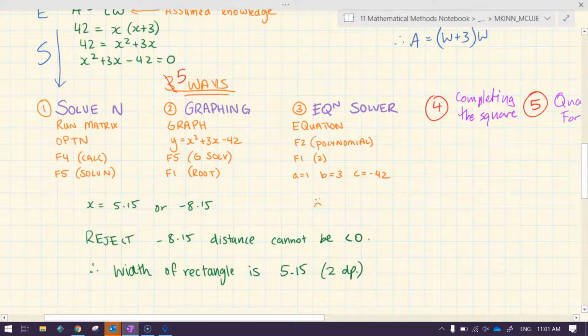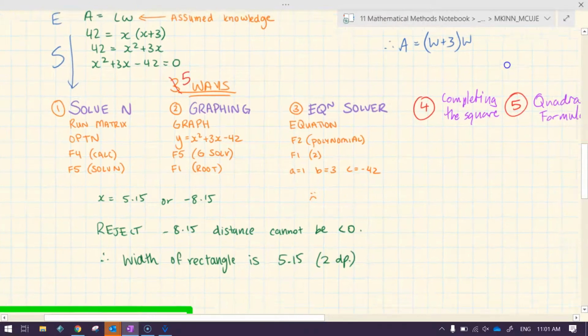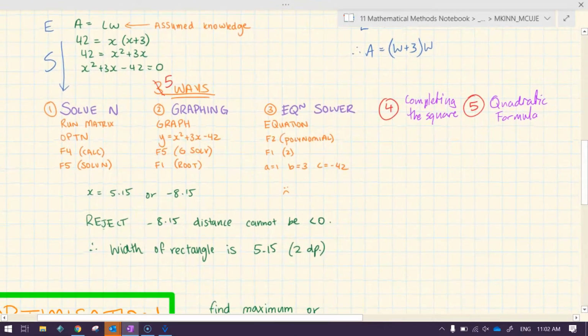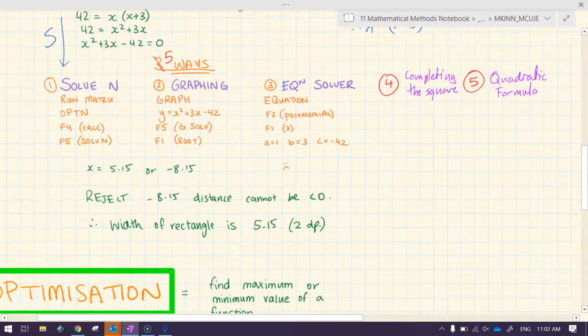Any other equation like your hyperbolas and sine and trig functions and all of that, it is absolutely useless. So if you're wanting to solve something, use solve-n. It works for all of them with no problems. So you can use equation solver, but I would just say it's not worth bothering. There you go. That's why there's a sad face there.